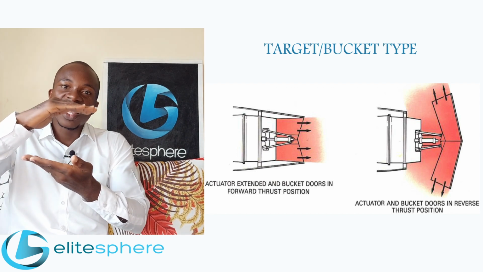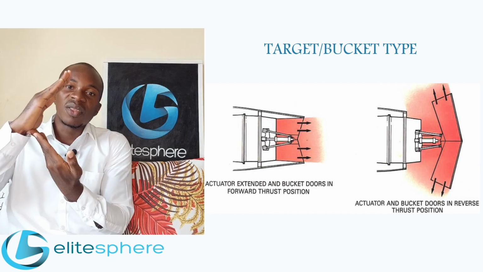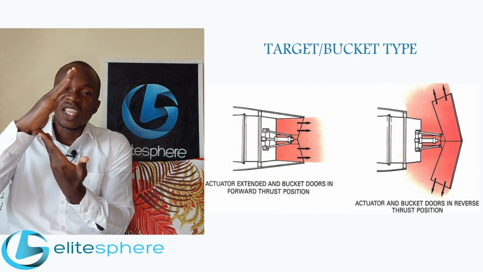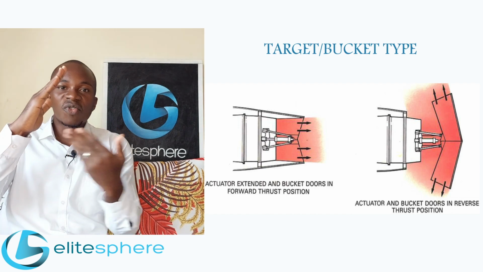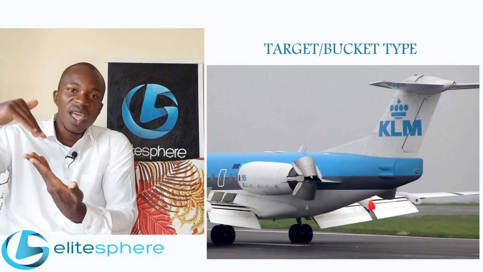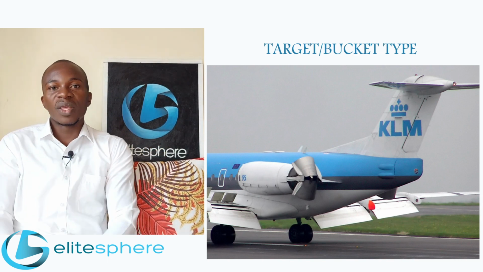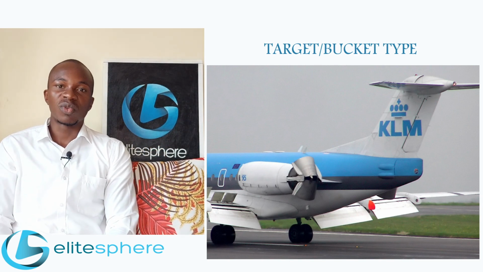When they're extended, they make up a bucket shape, and this bucket shape is the one that deflects the gases. When the gas stream comes and hits the bucket, it is deflected upwards and downwards at a 45-degree angle, thus assisting in bringing the aircraft to a stop.